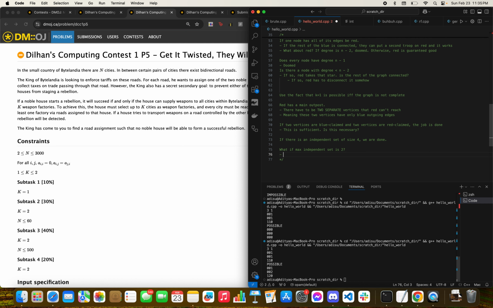If max independent set is 2, that means that... what does max independent set 2 mean?